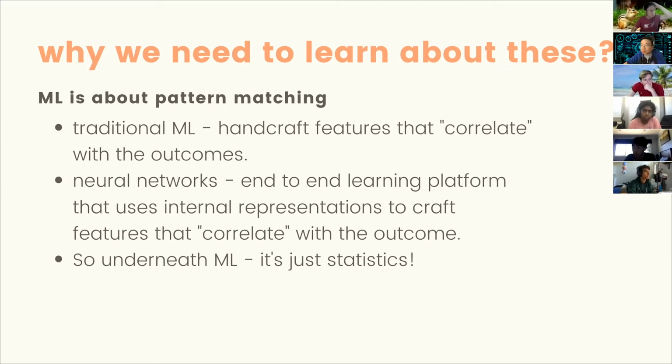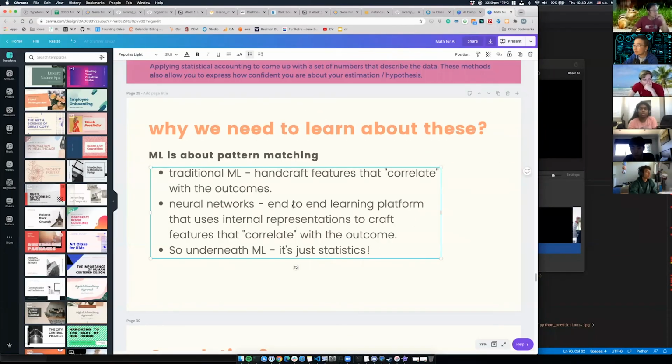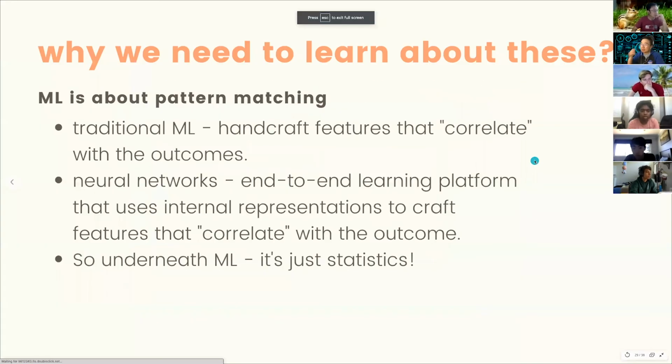The neural network, okay, I'm listing here, but I'm gonna explain them a lot more in detail. It's an end-to-end learning platform that uses internal representations to craft features that correlate with the outcome, okay? So what I mean here is that in neural networks, you don't have to handcraft those features anymore.